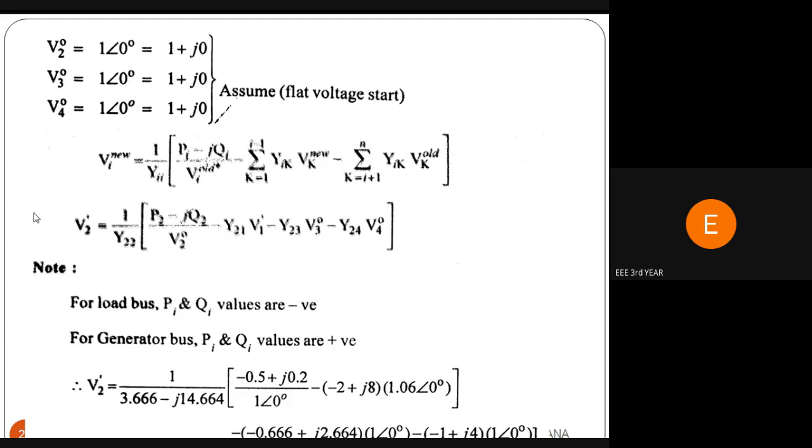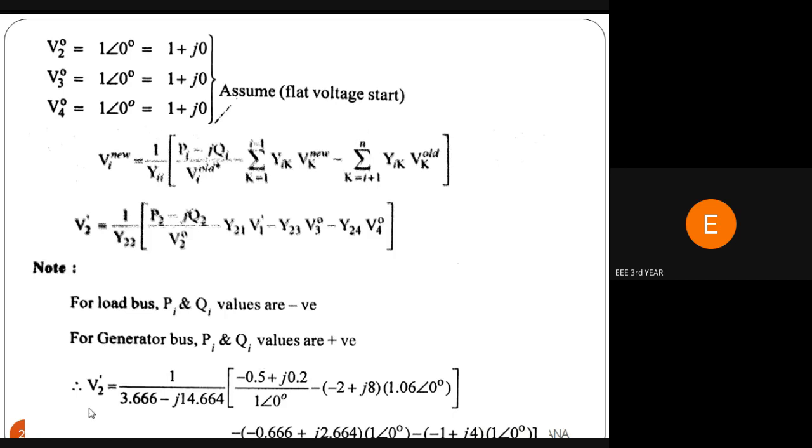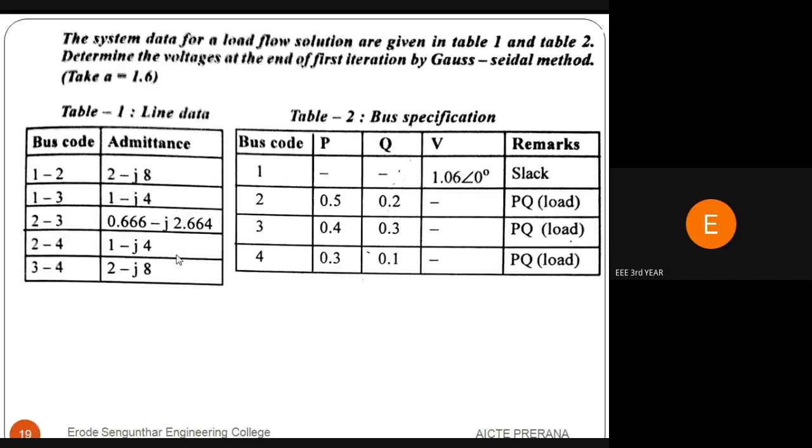Now we have to substitute the values. Y22 can be taken from the Y bus matrix. Here the Y22 value is 3.66 minus j1.46. The P2 value we have to take from this equation. P2 is the second bus P value and Q value, that is P2 and Q2, 0.5 and 0.2.